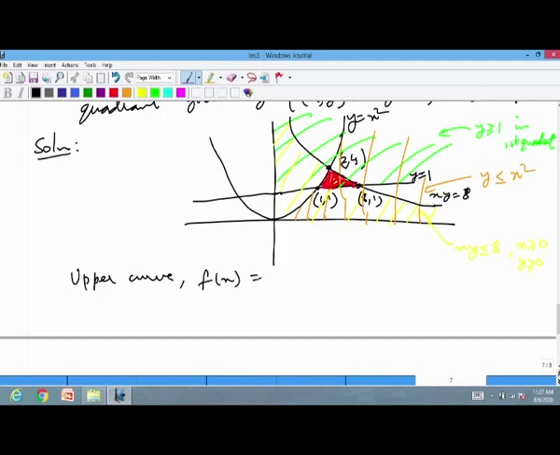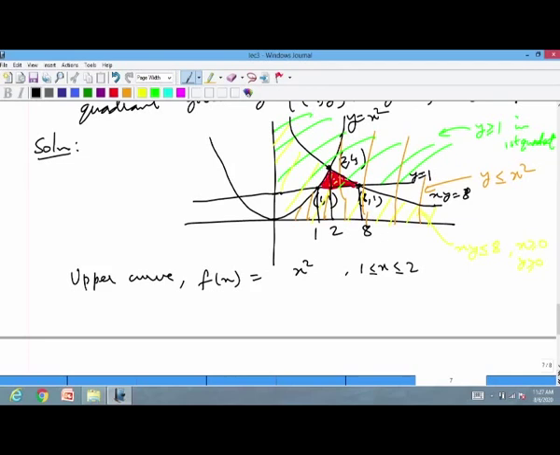It is equal to x square if 1 is less than or equal to x less than or equal to 2. From 1 to 2, if you see, if this is x equal to 1, this is 2 and this is x equal to 8.